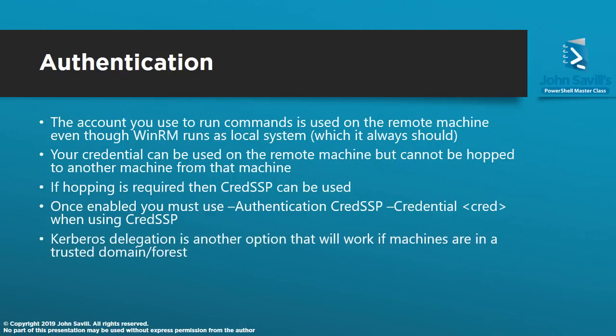Now that is one option. I could also use Kerberos constrained resource-based delegation, providing it's in a trusted domain, trusted forest. So if I go back to my example again, instead of entering a session to my DS box, I'm just going to enter a session.